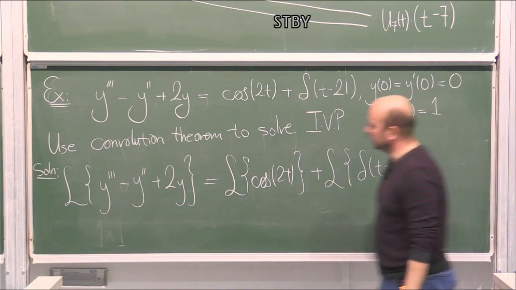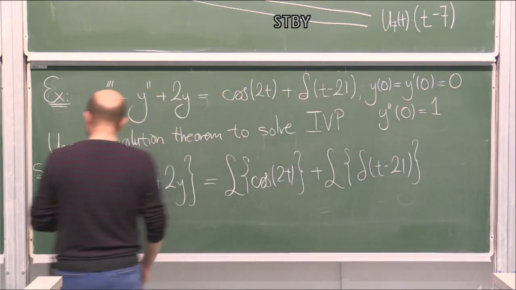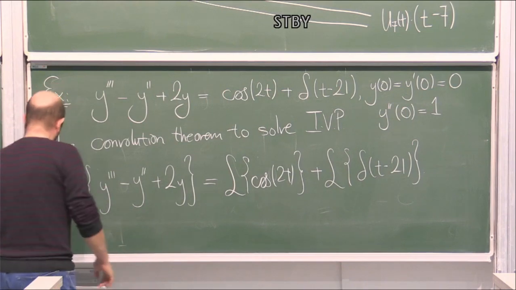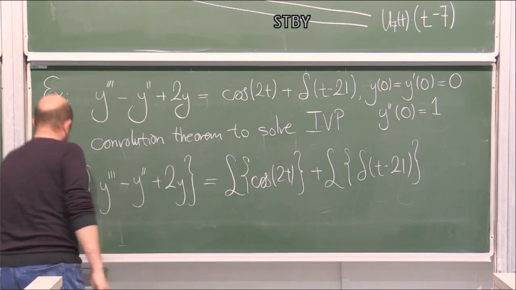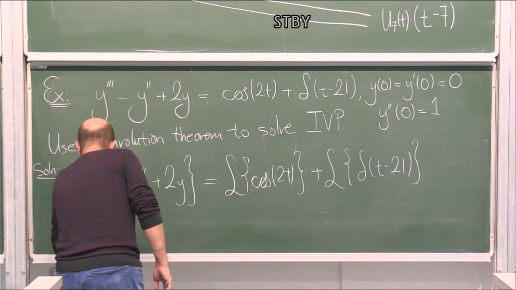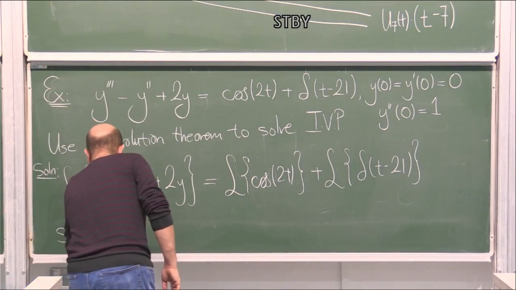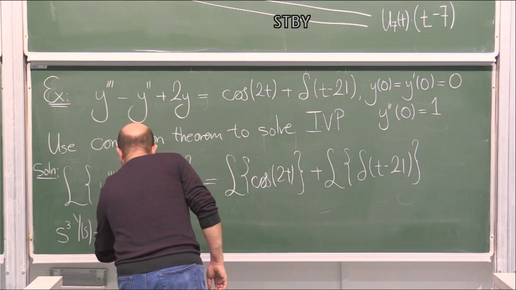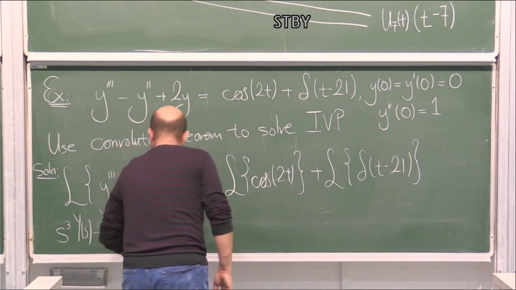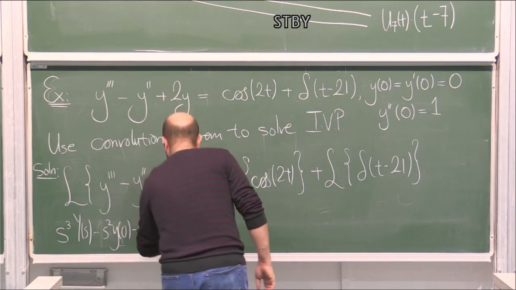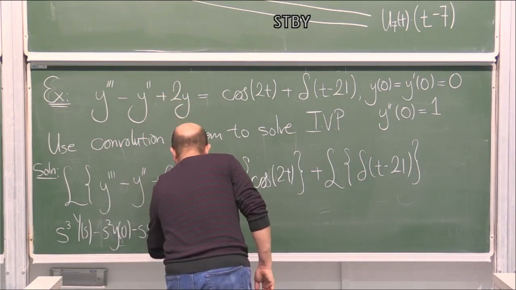Okay, so if you look at this part, we have the third derivative, so we have s cubed times y of s minus s squared times y(0) minus s times y'(0) minus y''(0).